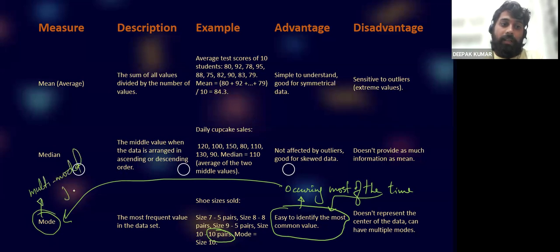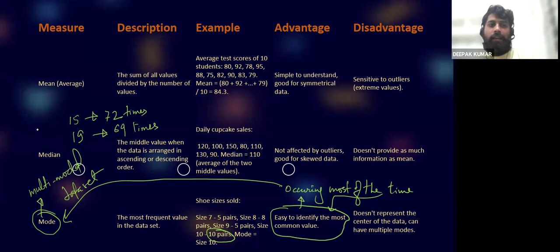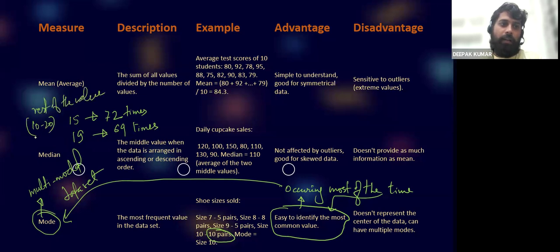Those data sets are called multimodal data sets. Multimodal means, say, value 15 is occurring 72 times, and value 19 is occurring 69 times, and the rest of the values are only occurring 10 to 20 times.